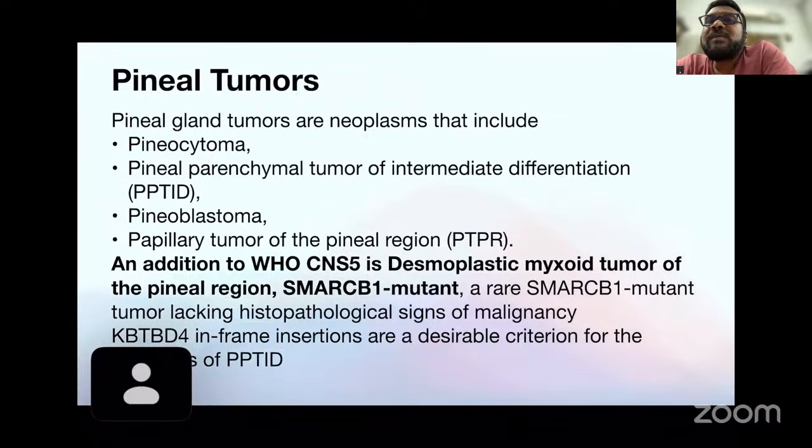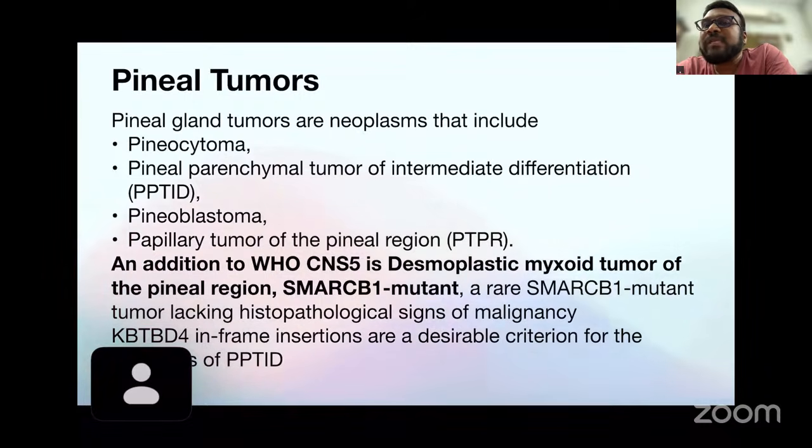Regarding pineal tumors, they are neoplasms arising from the pineal gland. You have pineocytoma, pineal parenchymal tumor of intermediate differentiation, pineoblastoma, and papillary tumor of the pineal region. This is what we have traditionally. In addition, there is a desmoplastic myxoid tumor of the pineal region with the SMARCB1 mutation.